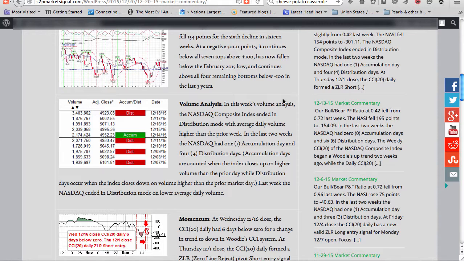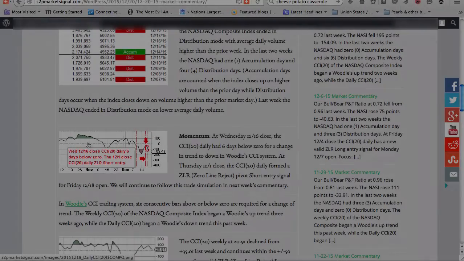Accumulation days are counted when the index closes up on higher volume than the prior market day, while distribution days occur when the index closes down on volume higher than the prior market day. Last week, the Nasdaq ended in distribution mode on lower average daily volume.